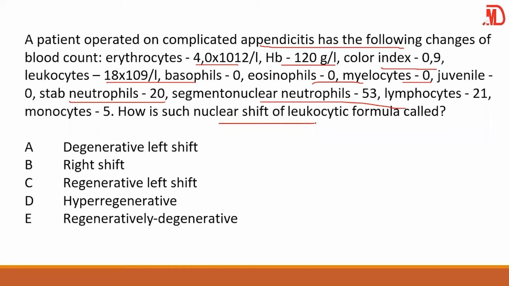Now, when you look at the stap neutrophils, we have 20. Segmented is 53. You're not supposed to have this kind of stap neutrophils too much like this. You need to have segmented neutrophils rather more high. Although relatively it is high, with a high number of immature cells, definitely we are looking at a degenerative left shift.